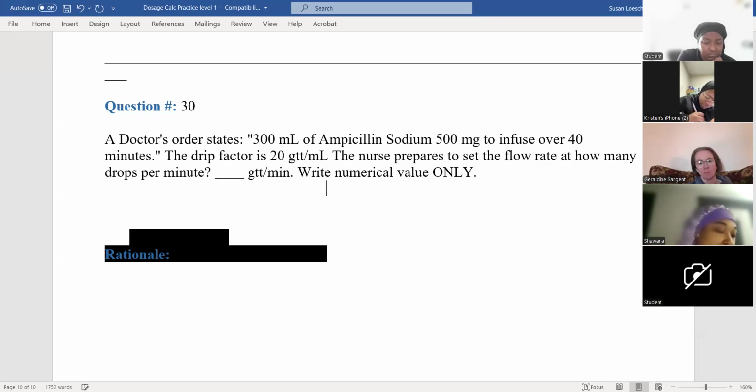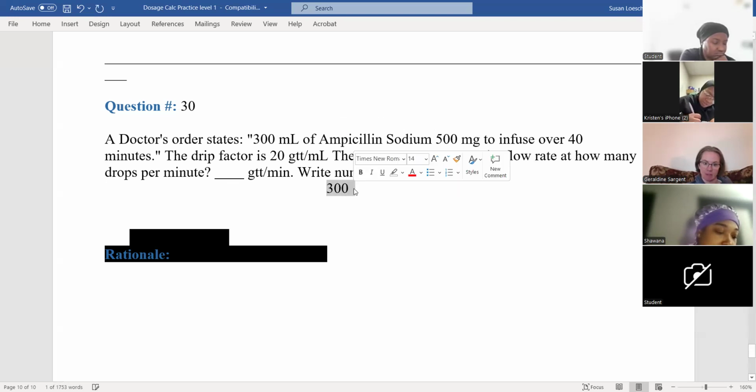Okay, so your total volume here is 300. What is your time? 40 minutes. And it's already in minutes for you, so you don't have to do anything with that.